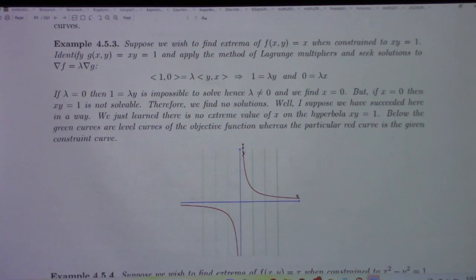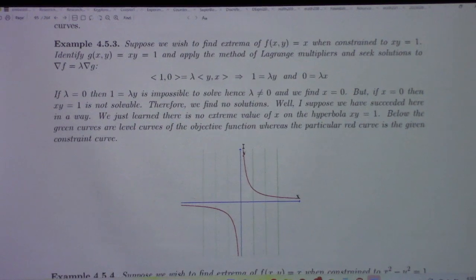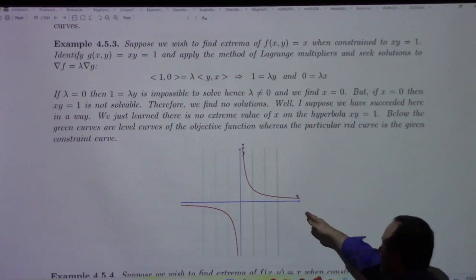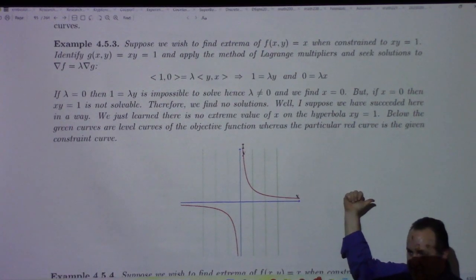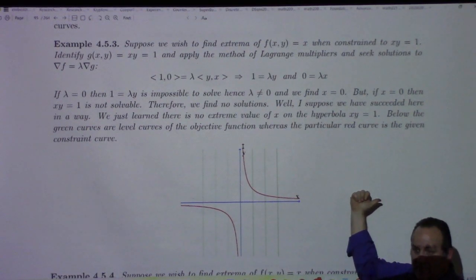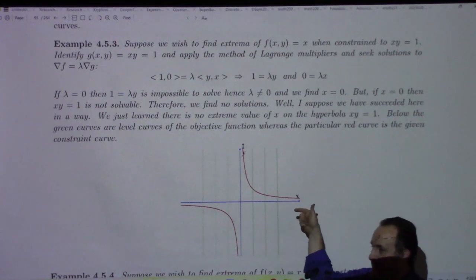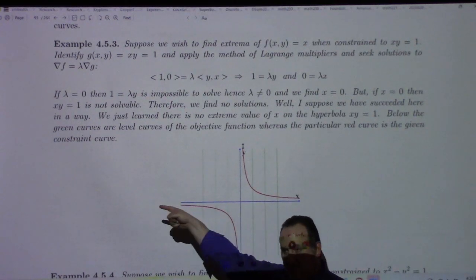I'm trying to maximize x subject to xy equals 1. Is that possible? Of course not. This goes on and on forever, right? x gets arbitrarily large, so there is no maximization of the objective function x. And likewise, there's no minimum because it keeps going that way too.